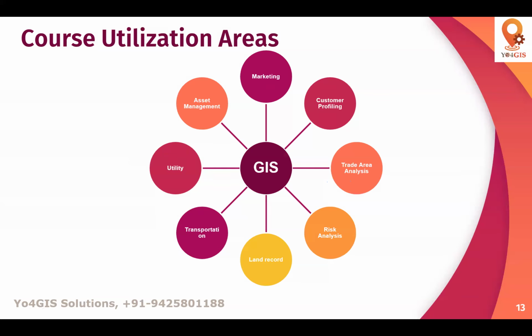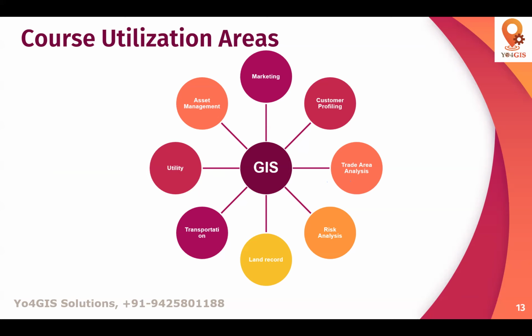As I already told you, there is no limit of GIS. We can use GIS in marketing, customer profiling, trade area analysis, risk analysis, land record, transportation, utility, and asset management. These days all the governments are promoting GIS because everyone wants to see everything on the map.